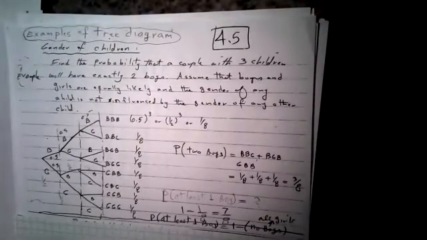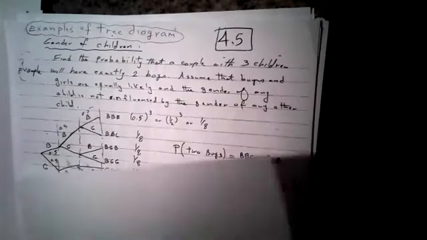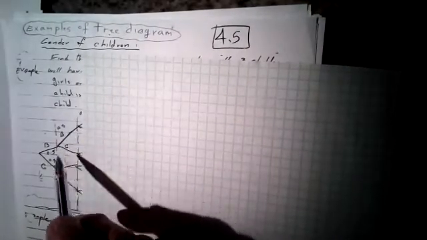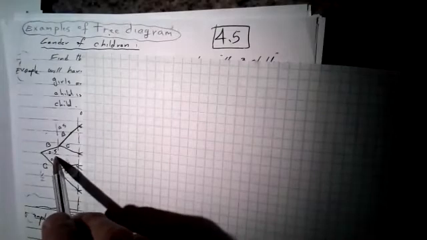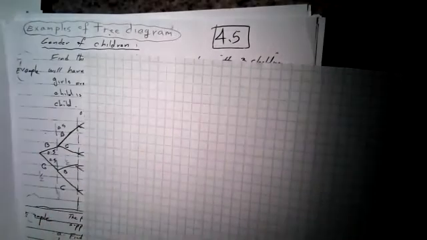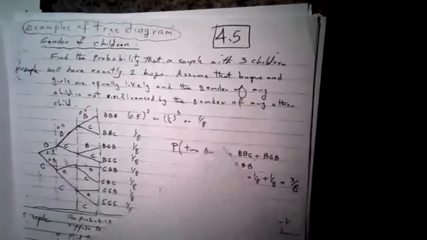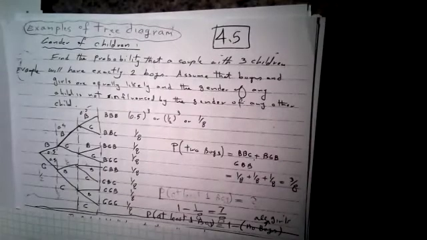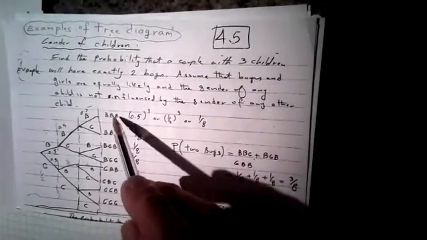Now, this is an example of a couple who want to have 3 children. Up to here is very similar to flipping a coin, see? Because the probability of boy or girl is always 50%, 50%. But if you go beyond that, you have all possible outcomes.